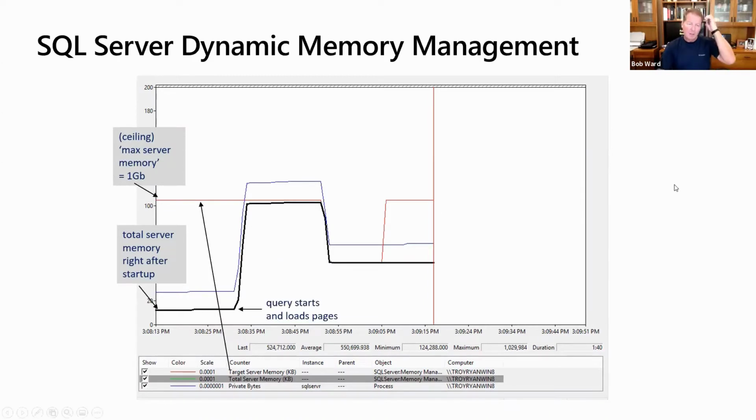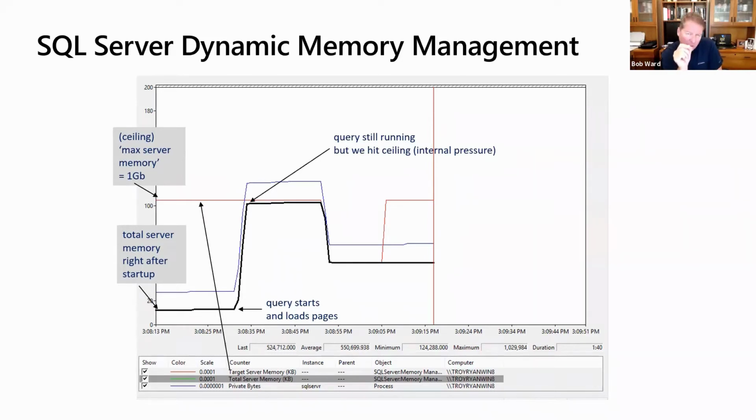Now let's say in this example, a query starts loading buffer pool cache pages because pages that it needs are not in memory. What does the behavior look like? Notice here that the black line starts going up towards the red line. When we get almost right to that red line, the query could still be running, but now we have hit the ceiling.